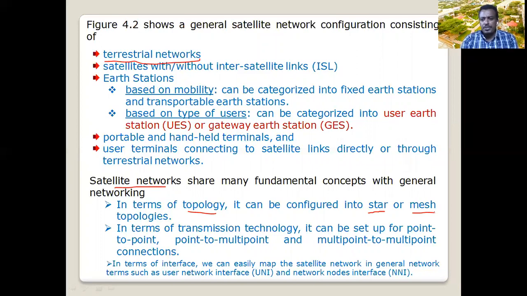When you come to transmission technology, again, satellite networks, just like other general networks, can be point to point, point to multi-point, or multi-point to multi-point configuration. This is the transmission.